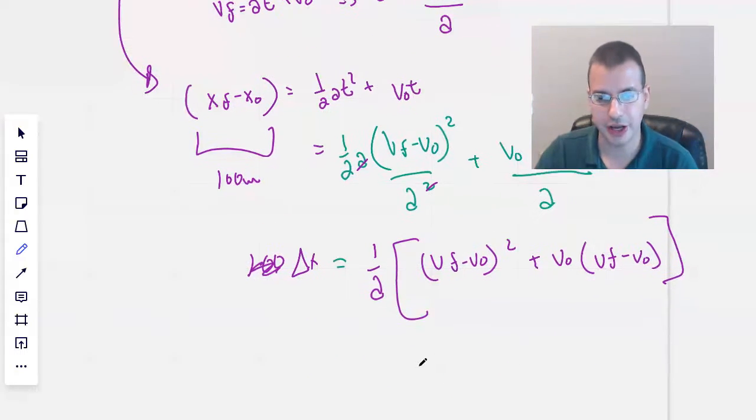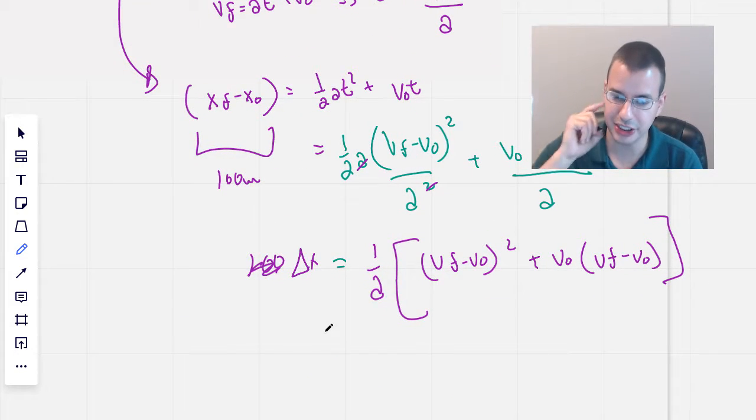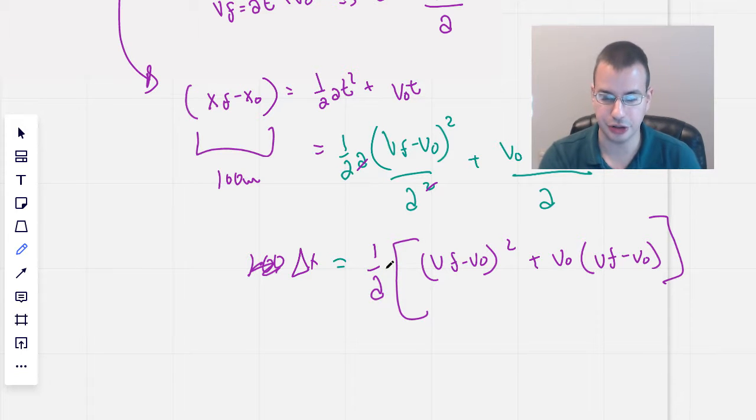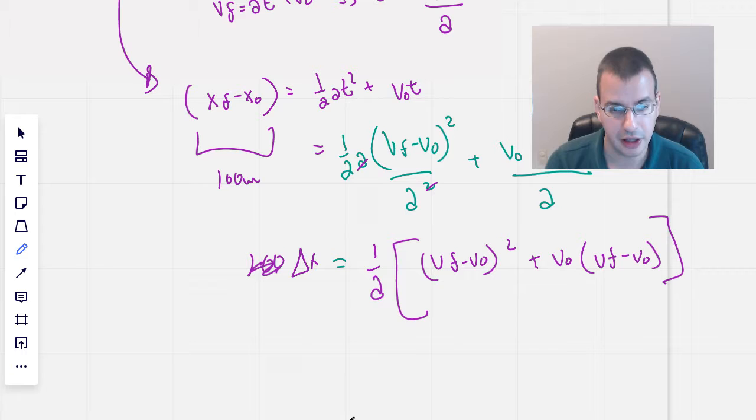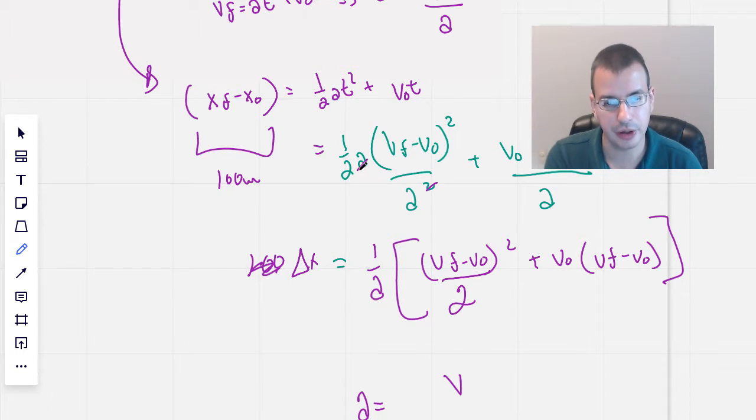Okay, so now rearranging things, because we know V final, we know V initial, we don't know acceleration, but we do know delta X. So rearranging this whole thing, we have A equals, supposed to be over 2 here. Over 2. There we go. That would have been disastrous if I'd forgotten that.